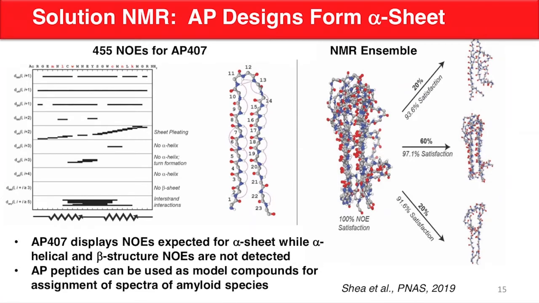They give us ensembles of structures that are alpha sheet, and we do not get signals we would expect for alpha helix or beta sheet. If you look on the right-hand side, you can see the different components of this ensemble, and most of them are running right down the center, so you can get a view of this hairpin. We call this one AP407. It will come back up in a second.